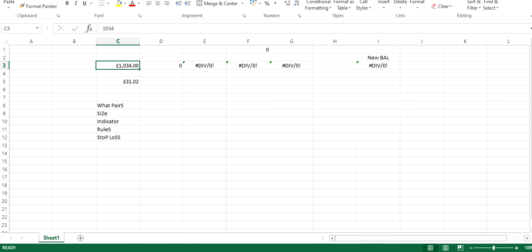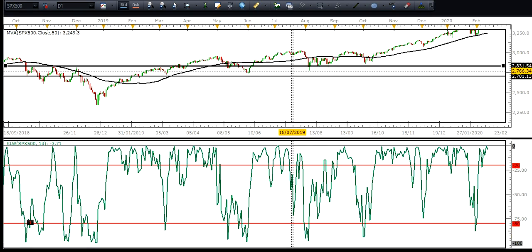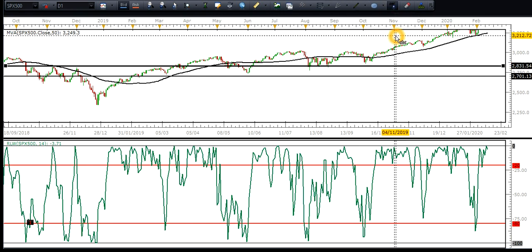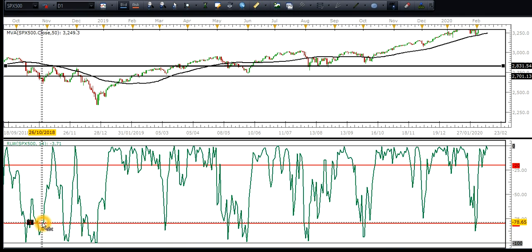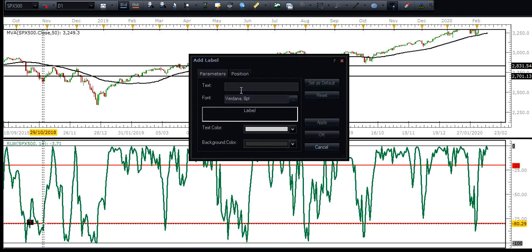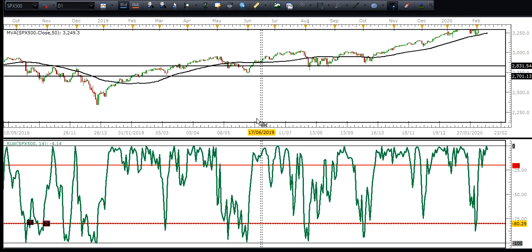So we're going to go back here again. I'm going to get the label. I'm going to add it to this point here. And that's going to be trade number 2, so we don't get confused. It goes down here. It touches here. Can you see, guys?